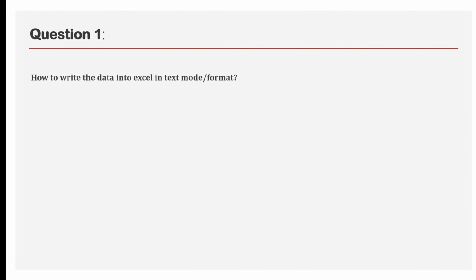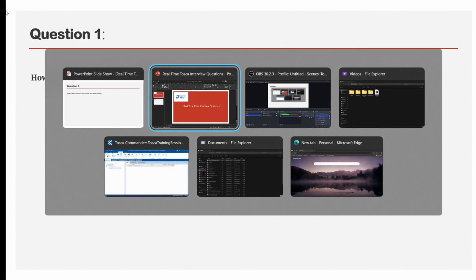But if you read the question carefully, it is asking to write the data in text mode or text format. So we will see through Tosca how we write the data into Excel in text mode. Let me jump into Tosca.